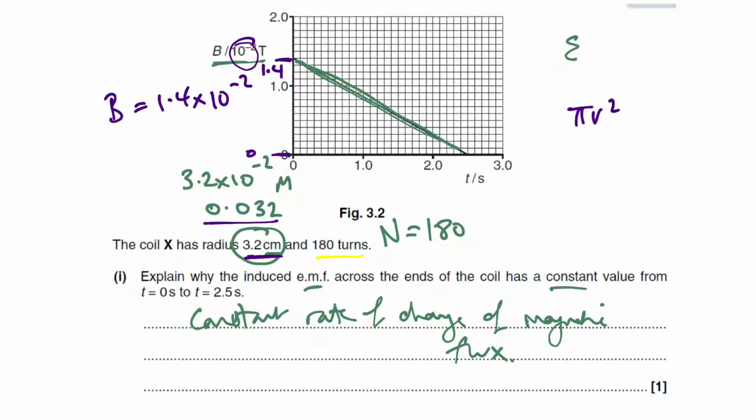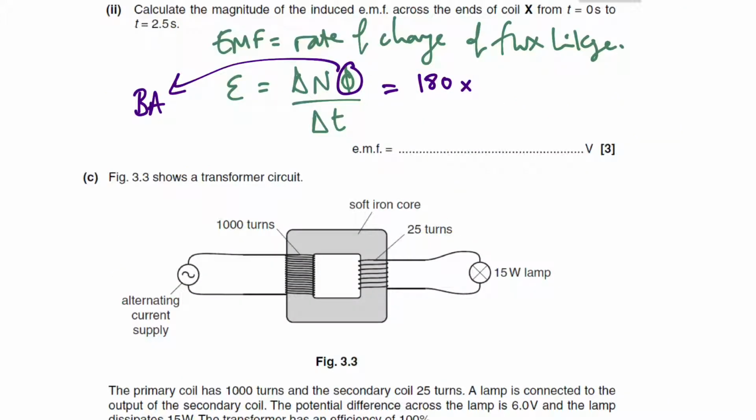Pi r squared gives us the area, so 3.14 roughly times 0.032 squared will give us the area. Bringing that forward, 1.4 times 10 to the minus 2 for B, multiplied by pi r squared.